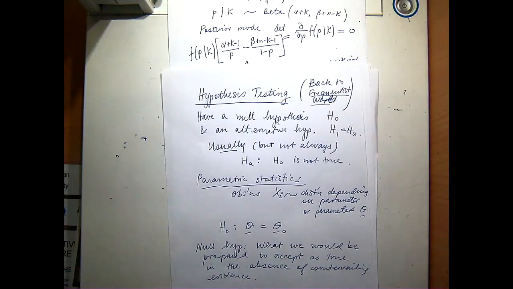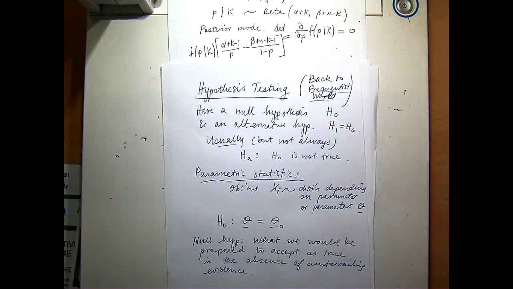Now, because these parameters are continuous, the fact that, short of evidence against it, we're happy to accept H0 as true does not mean that we're happy to declare HA false in the absence of evidence. It's more subtle than that.